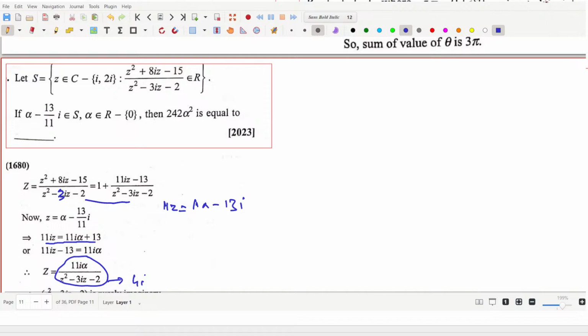Now you can apply the result: i power n into cos n theta minus i sin n theta. Understood?